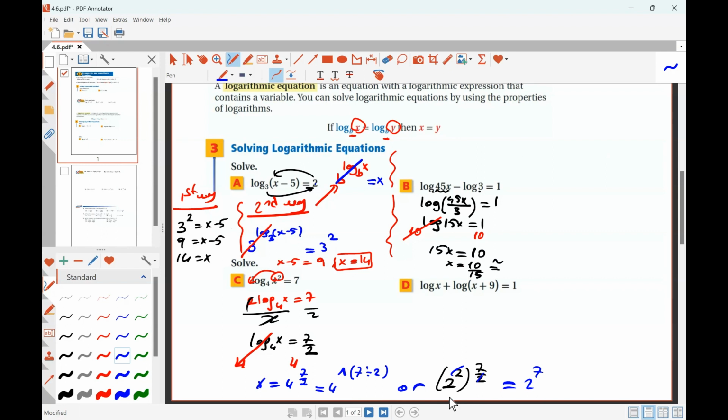Let's calculate this. It is going to be 128. So this is the way of solving logarithmic equations.